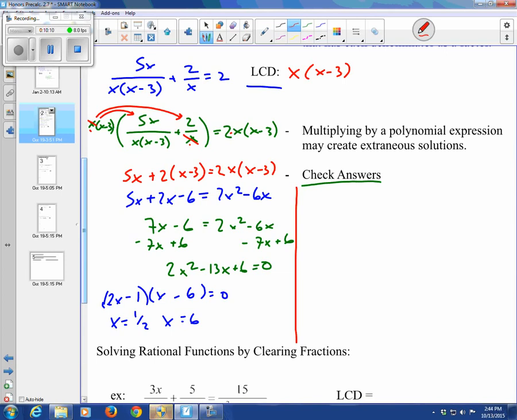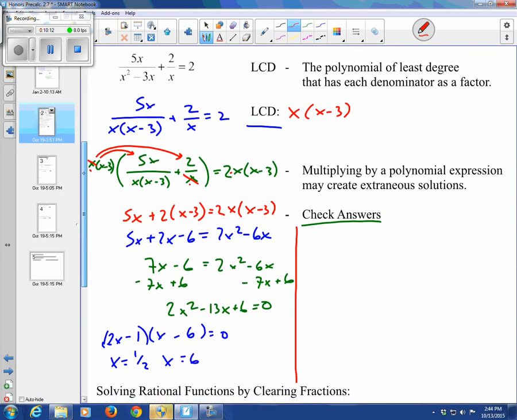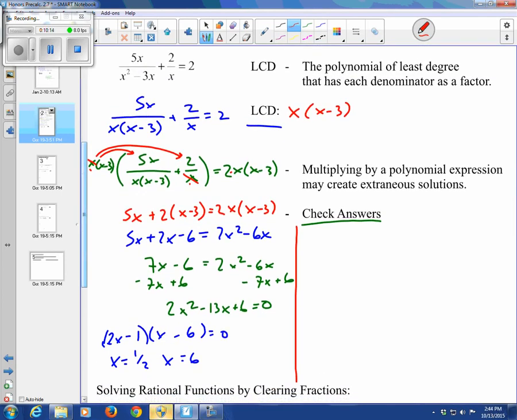So right here, I'm going to check to see if these are actual solutions by plugging them into my original equation. So right here, I'm going to have 5 times 1/2 over 1/2 times 1/2 minus 3. I'm going to plug it into this form with a factored denominator. I think it's going to be a little bit easier to deal with the denominator there rather than squaring that fraction.